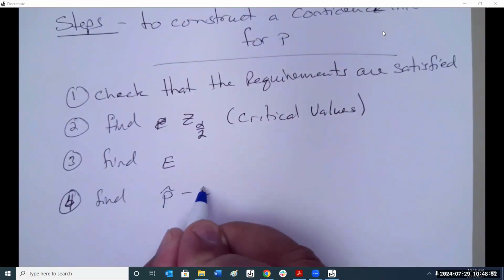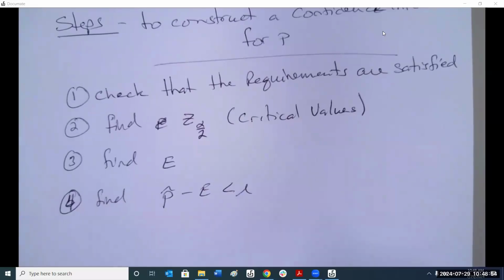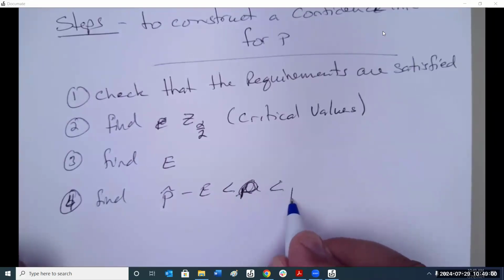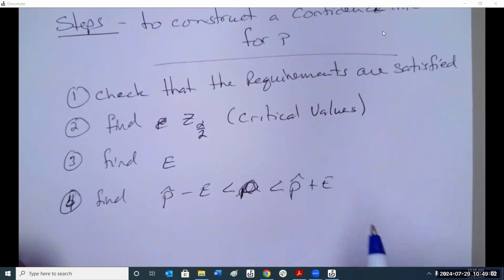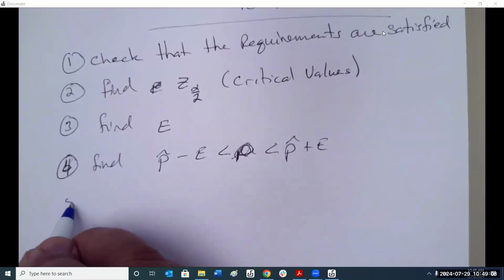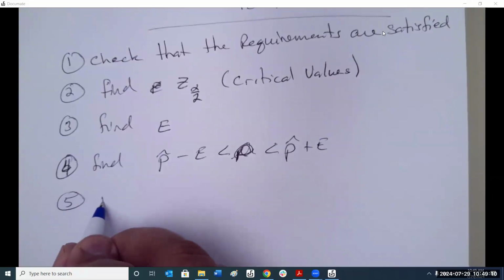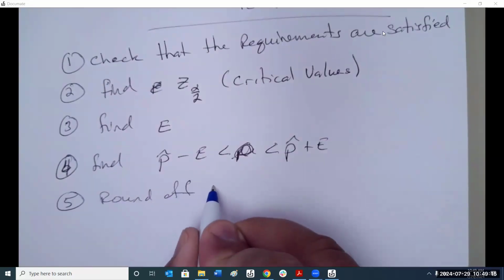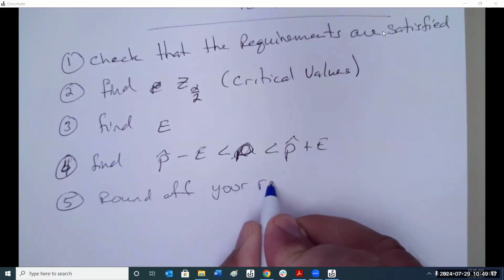Find P hat minus E and P hat plus E. And then round off your results.